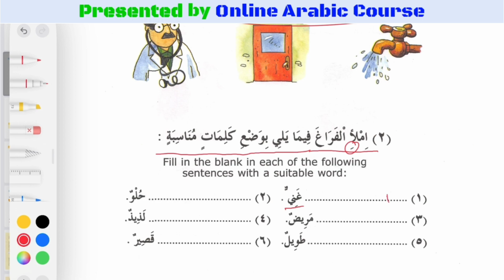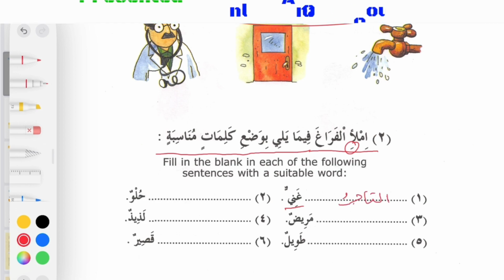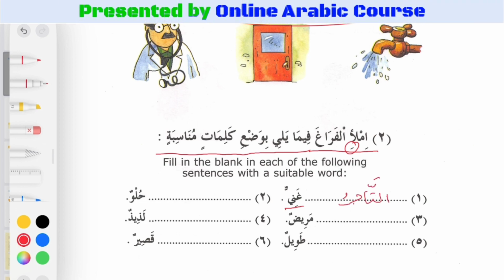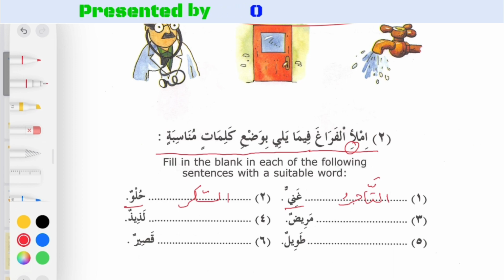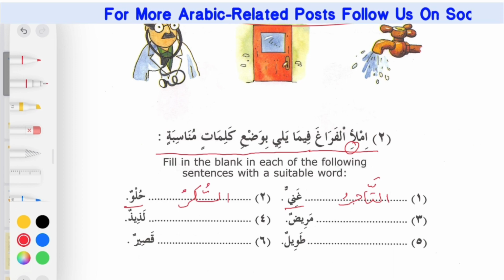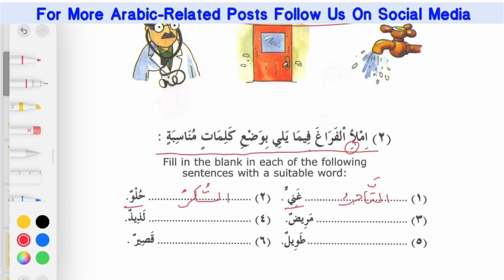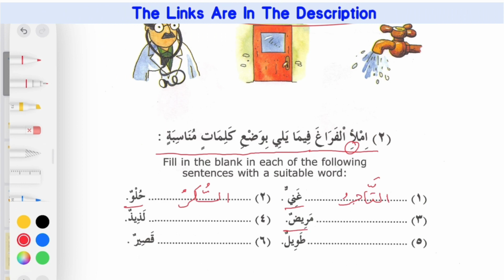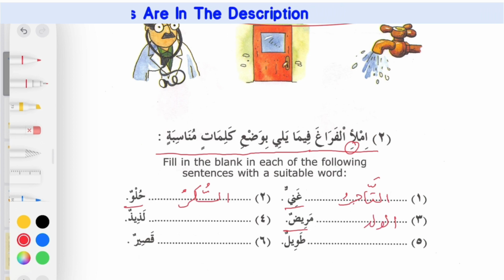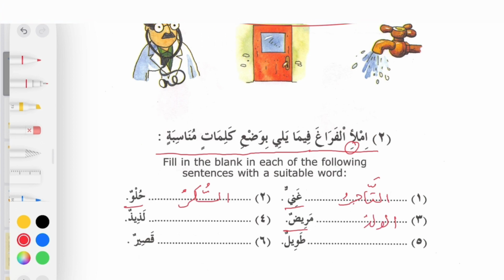We can say at-tajir ghani. Hulw, sweet. We can say as-sukkar hulw. The sugar is sweet. Marid, sick. Al-walad marid. The boy is sick.